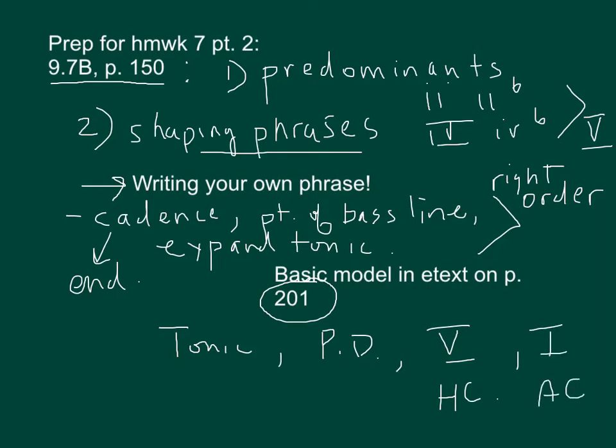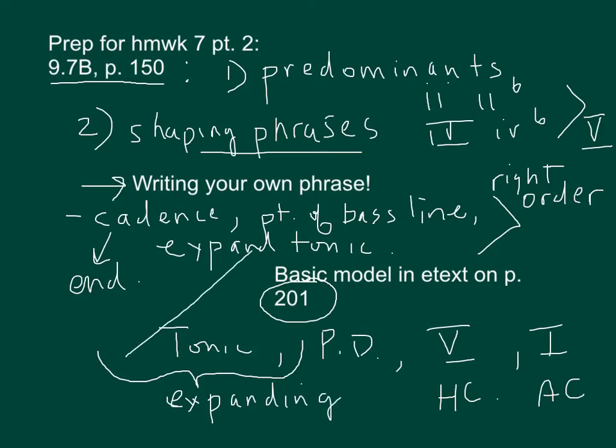And that looks pretty easy, but of course a phrase is more than just 4 chords. And so what we know is that during this opening part of the phrase, there are lots of ways of expanding the tonic. And that's something that happens often at the start of the phrase.